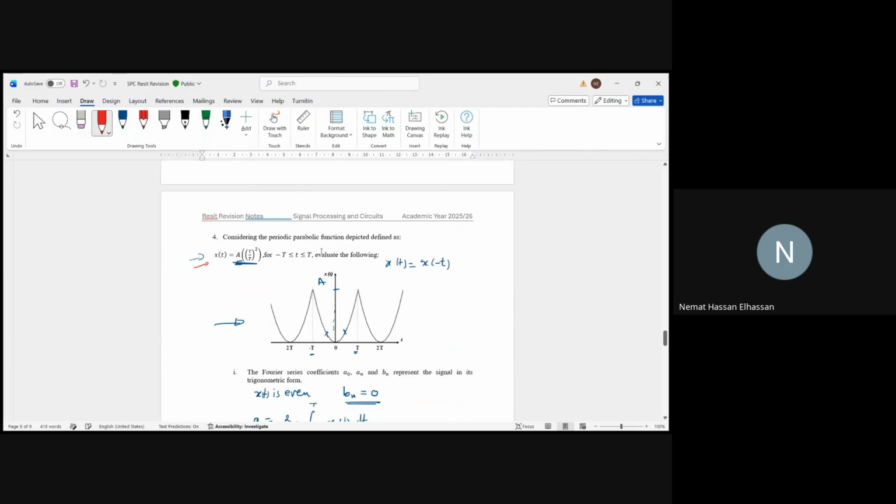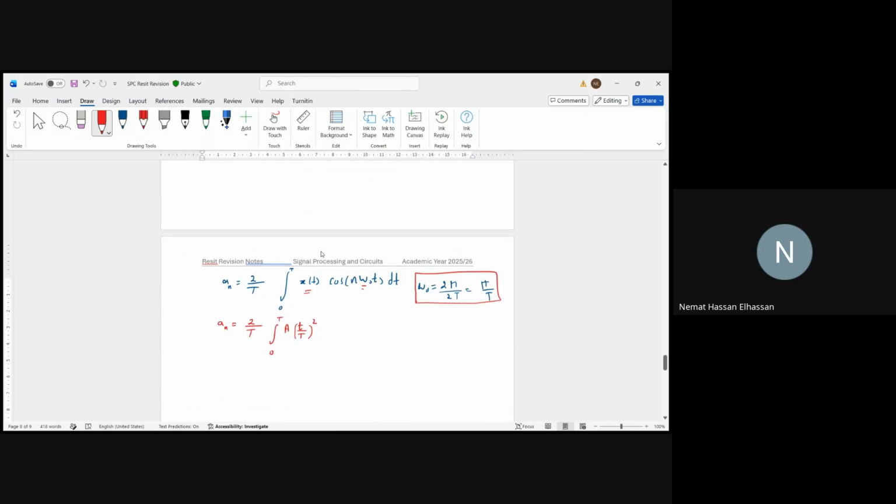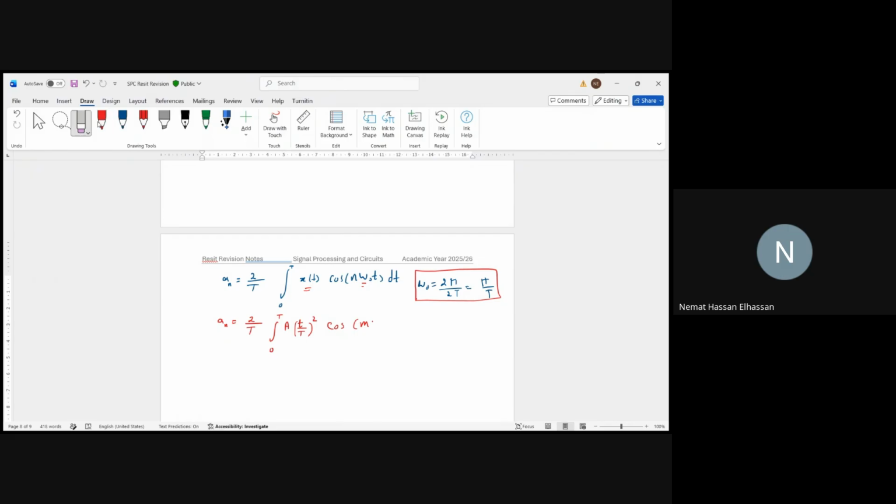Let me double check. Yes, a t over T squared times cosine n, sorry, n pi. So instead of omega naught, I'm putting pi over T capital, with respect to time.